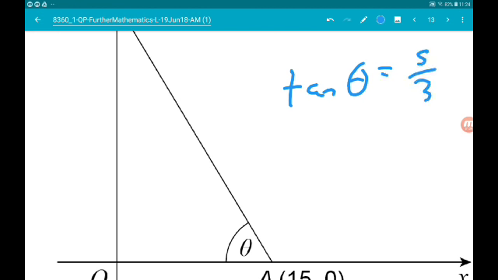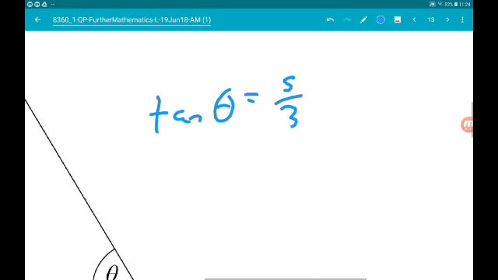Now remember, from SOHCAHTOA, tan is the TOA part. So tan of theta is equal to the opposite over the adjacent.